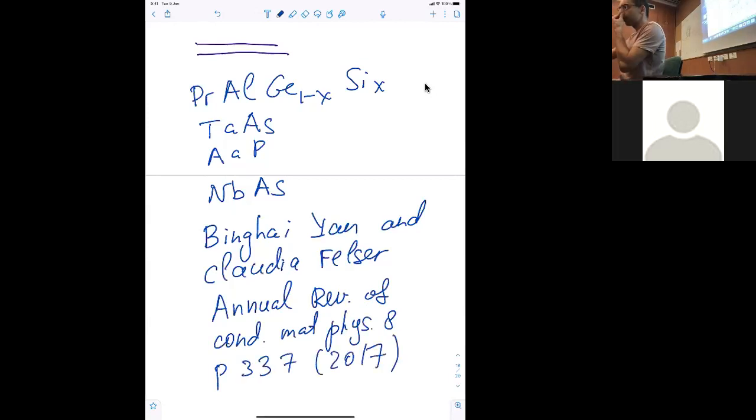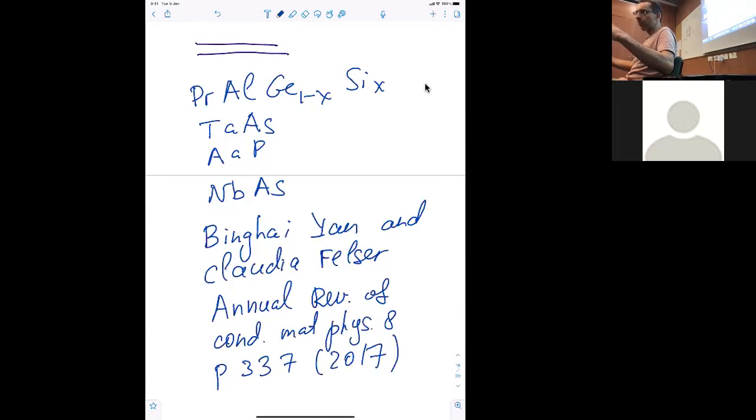So there is a list of spectra, chemical structure, and beautiful realization of associated Fermi arcs.